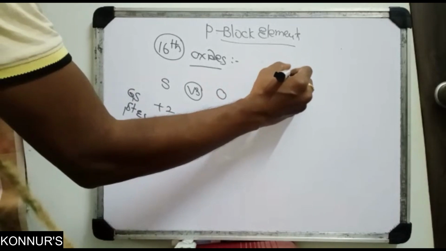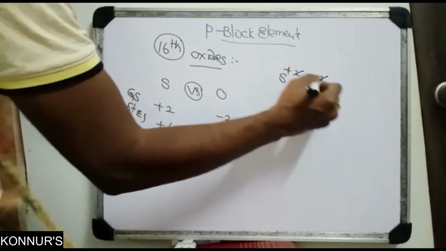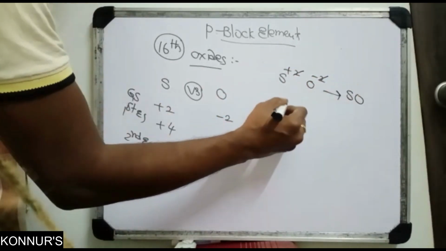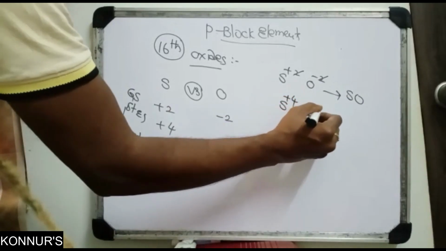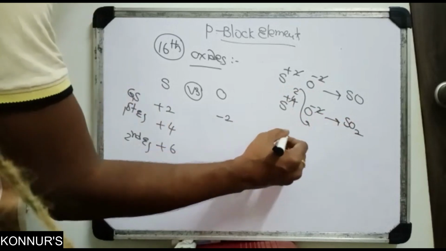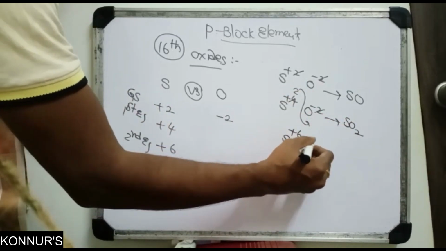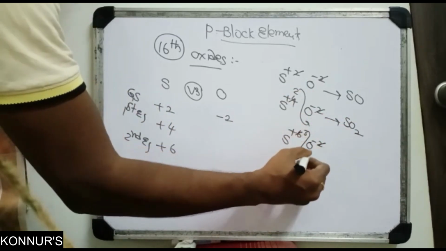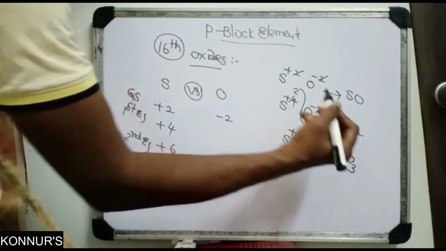So S +2, oxygen -2, 2 cancel, you are getting SO. S +4, oxygen -2, you are getting SO2. S +6, oxygen -2, you are getting SO3.